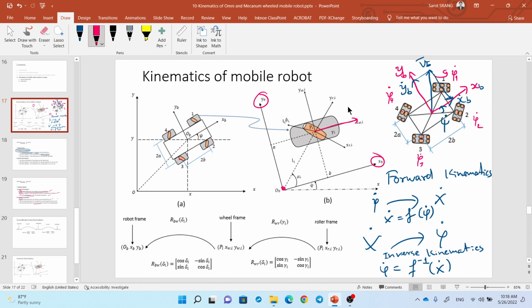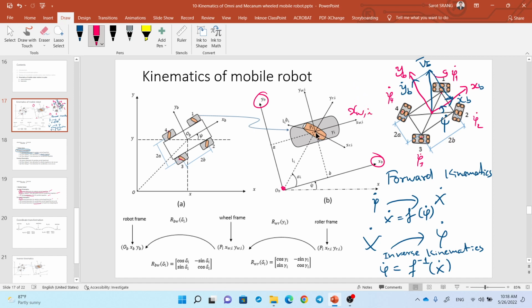If you imagine the wheel is a normal wheel, the direction of the wheel can transfer into linear motion. That direction is the direction of wheel frame, the edge of wheel frame. This one I write it bigger: wheel frame for the i-th wheel. i can be 1, 2, 3, 4 if you have 4 wheels.